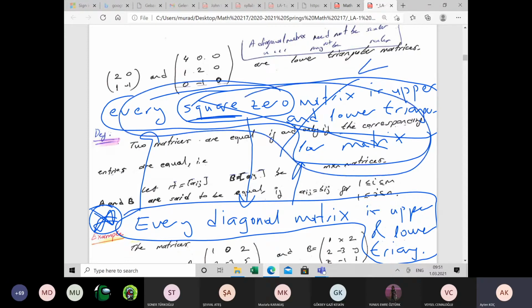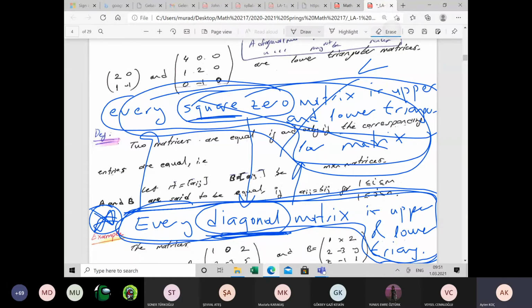And also every scalar matrix is a diagonal matrix. So this special case gives another statement: every scalar matrix is an upper and lower triangular matrix. Yes, it's true, because every scalar matrix is a diagonal matrix. So it is enough to say in general that every diagonal matrix is an upper triangular matrix, and this statement contains all of them.